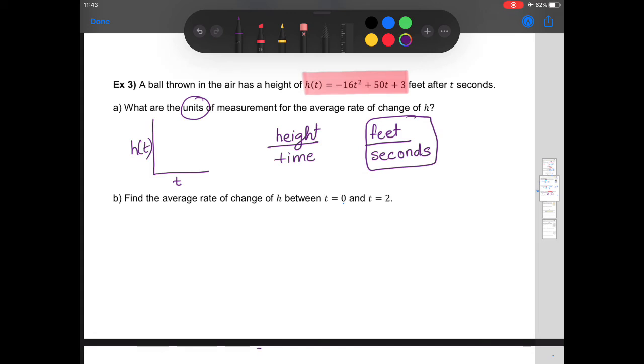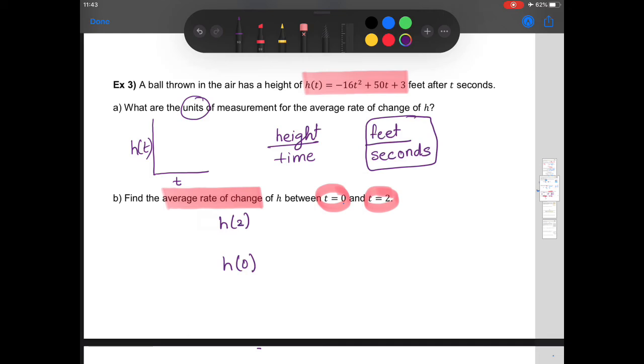Find the average rate of change. So now it's asking me to find the average rate of change of h between these 2 t values, 0 and 2. But I don't have any points. How can I find that? So what we're going to do is use that equation. We're going to find h of 2 and we're going to find h of 0. Do you agree? Your 2 and your 0 are your input values or your x values.